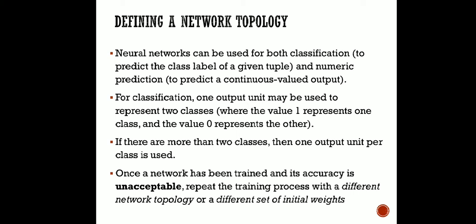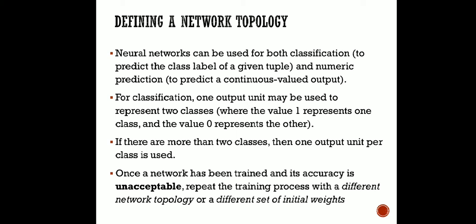Now for classification, in the first case, one output unit may be used to represent two classes. How is it possible? If we keep one output unit, say for our case of purchasing a computer or not, the output class is either it will buy a computer or it will not, right?